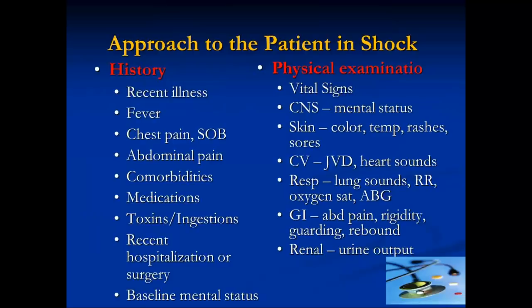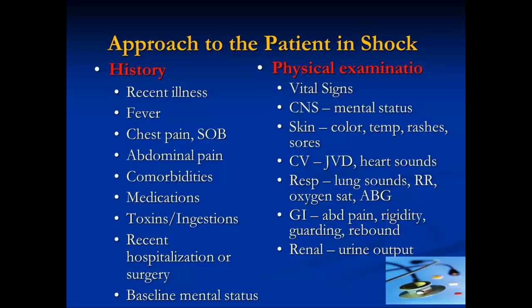So when you approach a patient that comes to you with low blood pressure, we talked about the clinical signs. These are the clinical signs that you look for. Try to get a history that may give you a clue: fever, signs of infection, chest pain for cardiac problems, recent illness, comorbidities, medications, toxins, surgery, hospitalization, and so on.